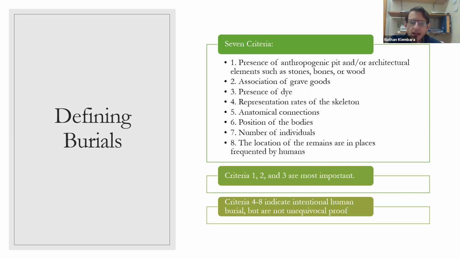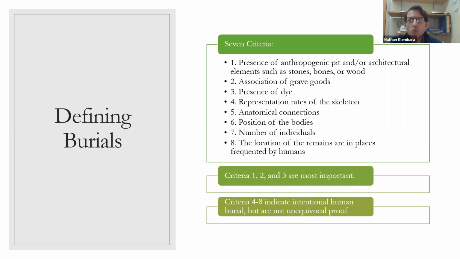And then finally, that these are places that are frequented by humans, that this is a place where humans could have come and buried it and also come back to commemorate or memorialize the dead. Now, the criteria 4 through 8 are not smoking gun proof. They are not unequivocal proof that this is a burial and not just random disposal. But the more of those that you have, the more and more likely it looks that this is going to be an intentional burial.